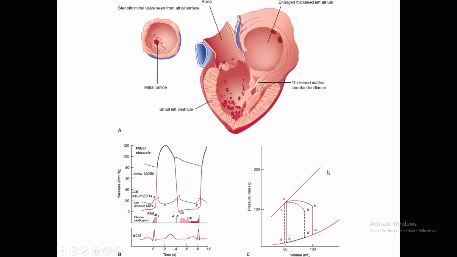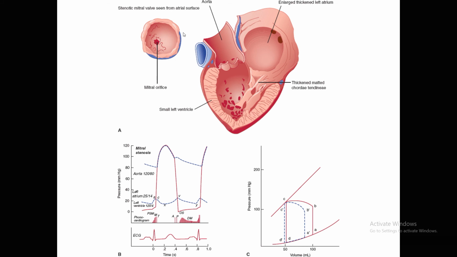Now, let's go to the mitral valve. We'll consider first the mitral stenosis, the narrowing of the mitral orifice. Normally, the area when opened is about 5 to 6 centimeters square. If decreased to about 1 centimeter square, a clinically relevant picture will be produced.